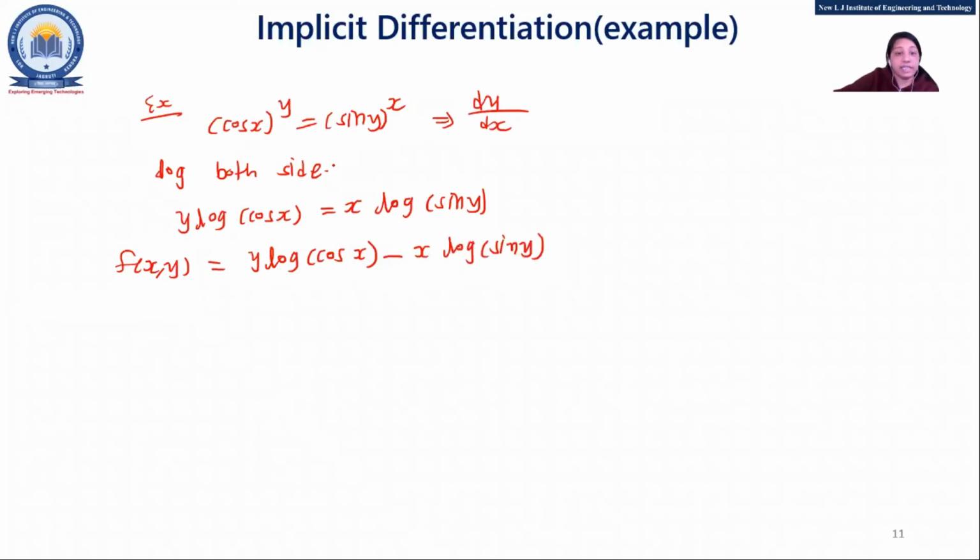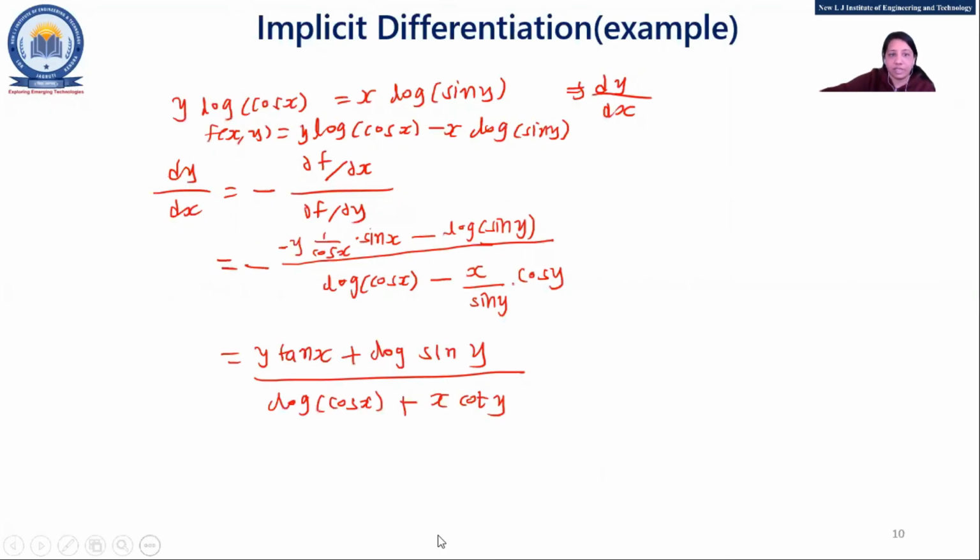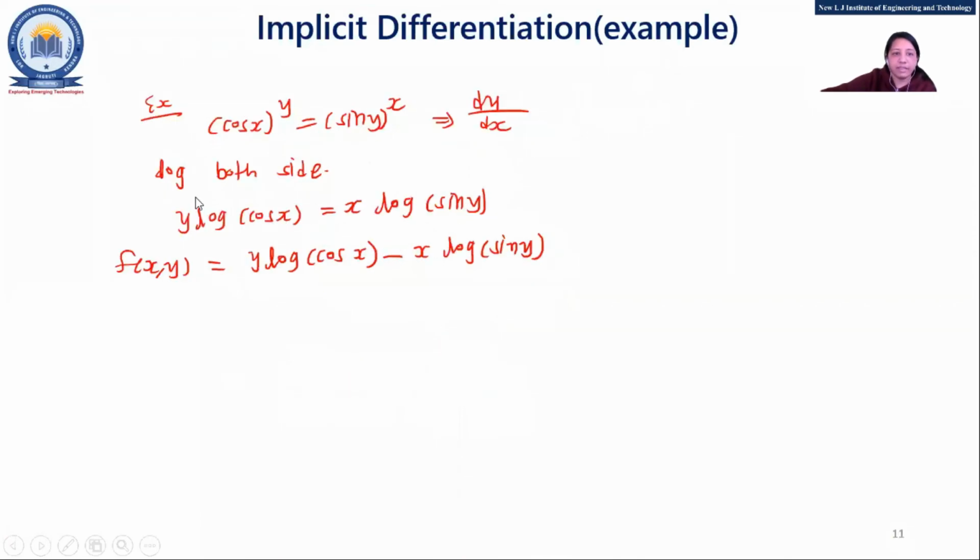So by taking log both the sides and finding out the f(x,y), you can see that this is same as the previous one. y log cos x minus x log sin y. Here they have directly given that y log cos x equal to x log sin y. But this is given and we have converted that into this form. So in that way you can solve. It is same way as the previous one.